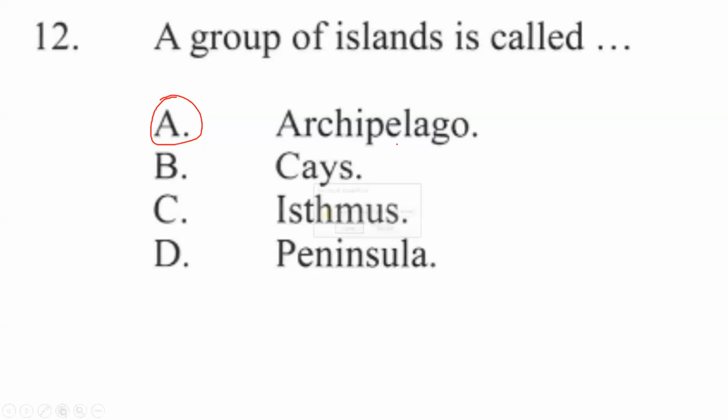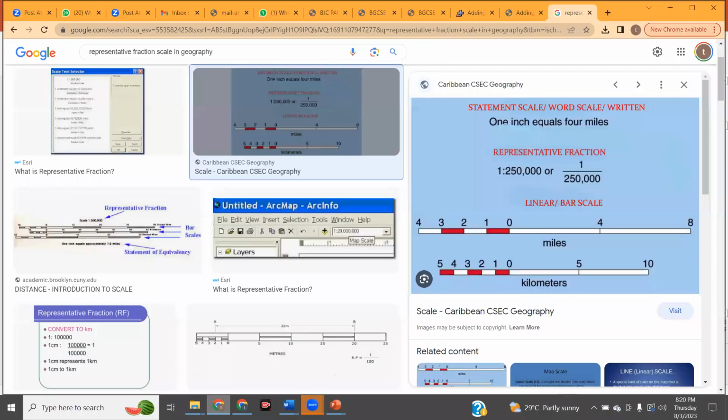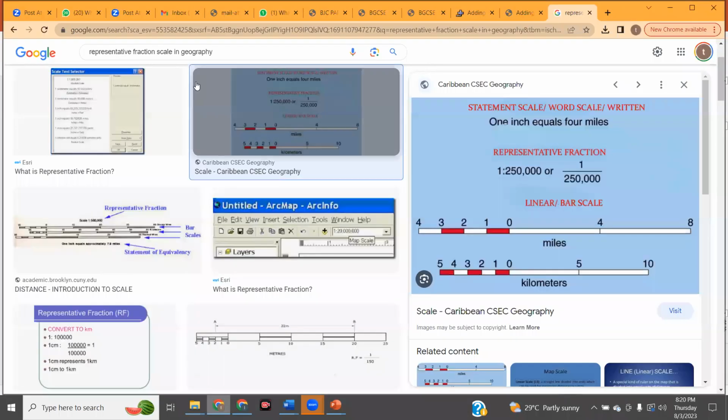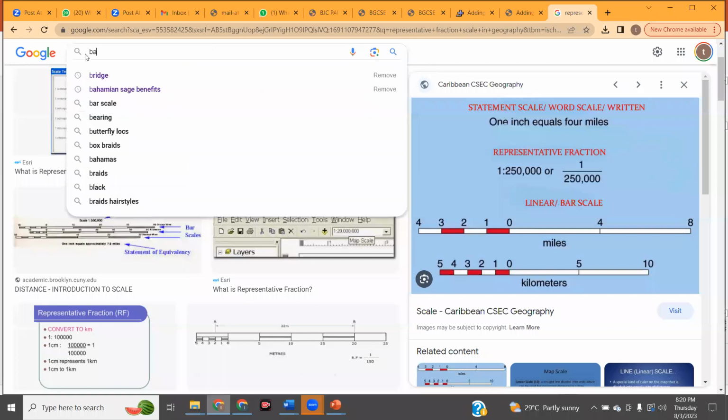Do I need to give you a picture of archipelago? Look. An archipelago is an area that contains a chain or a group of islands that are scattered in lakes, rivers, or the ocean. If we look at the Bahamas, clearly, we are an archipelago.